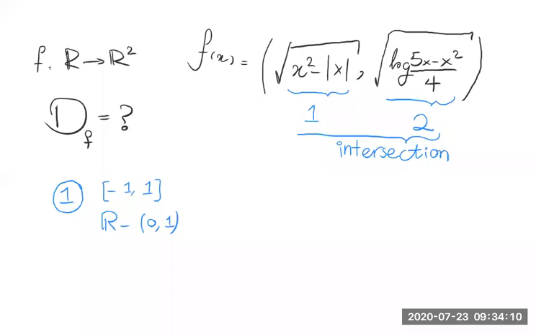Okay, we have another answer, -infinity to 0 union 1 to infinity. All real numbers except 0. Okay, there are a lot of answers. Let's solve it and then we would go back.